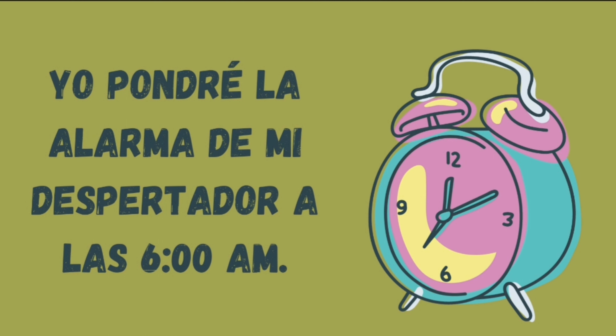De la mañana means a.m. You can say de la mañana, 6 in the morning, or you can say 6 a.m. Yo pondré la alarma de mi despertador a las 6 a.m. o a las 6 de la mañana, okay? You can say 6 a.m. or 6 de la mañana.